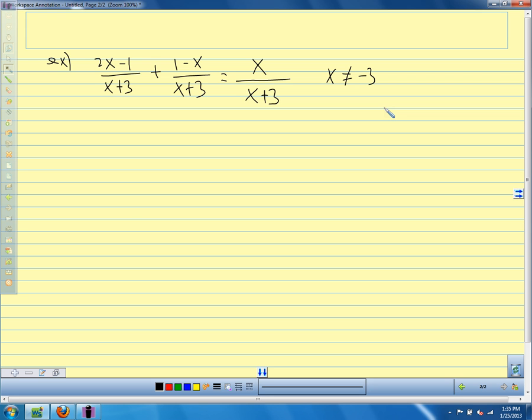All right, one last example. This is the most complicated one that I'm going to do here. X minus 4 divided by, and we have this nice quantity x over 4 minus 4 over x.